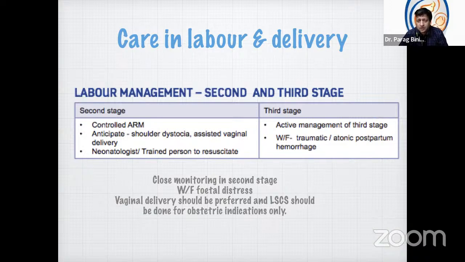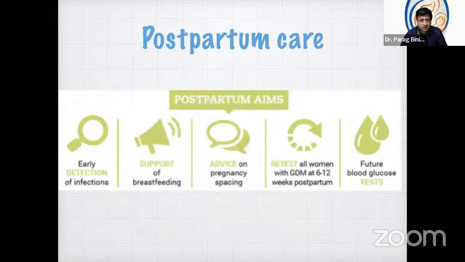The third stage has to be managed actively, because these are the women who are more prone to traumatic or atonic postpartum hemorrhage. The care continues in the postpartum period as well, because these women are likely to get infected even during the puerperium.